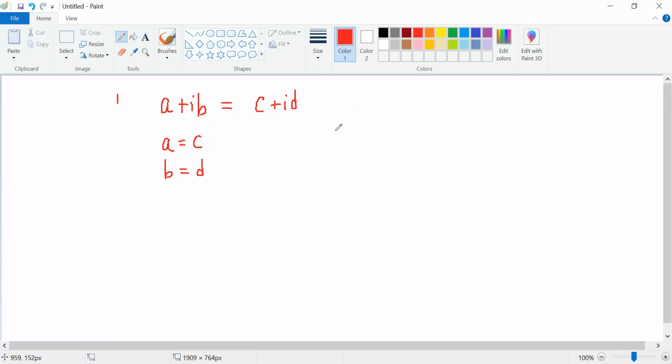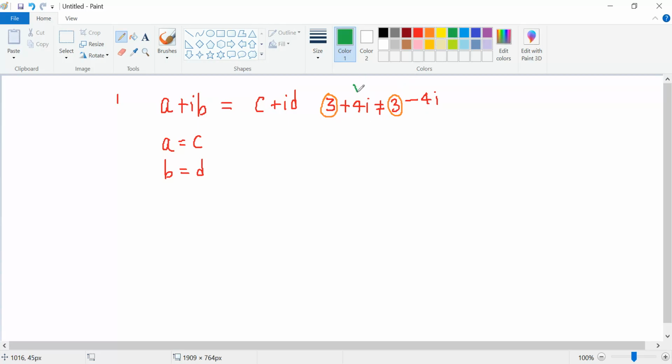For example, if one complex number is 3 plus 4i and the other complex number is 3 minus 4i, then these two complex numbers are not equal. The real part of the first complex number is 3, and the real part of the second complex number is also 3, so the real part is fine.